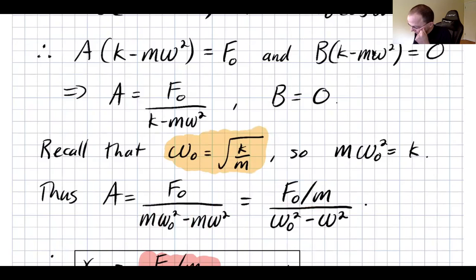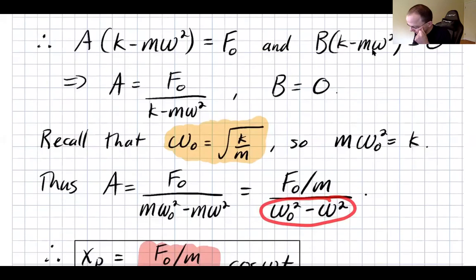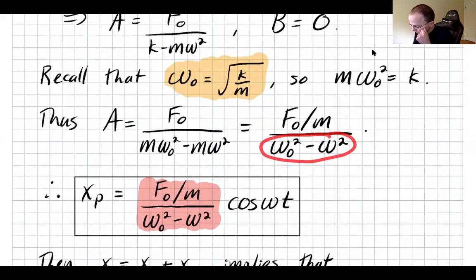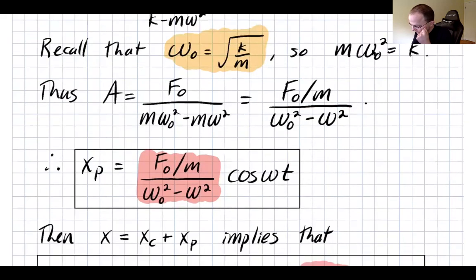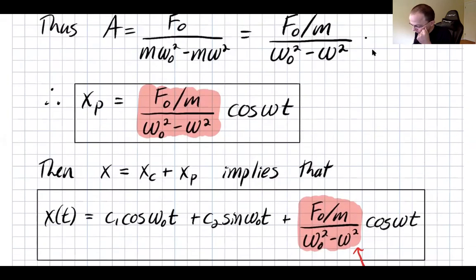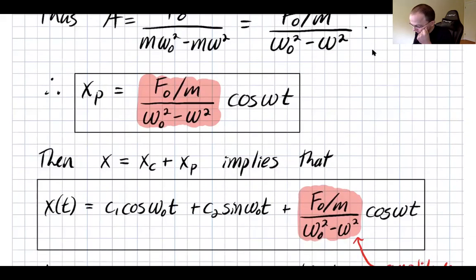Okay, so this is sort of the key observation right here that we needed. So this is telling us something very interesting, which we'll see in a second. So here is the particular solution of our differential equation, and then that allows us to get our general solution.